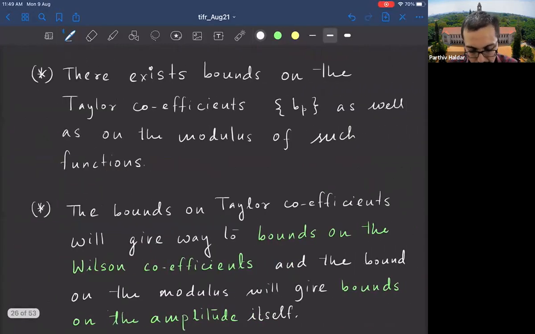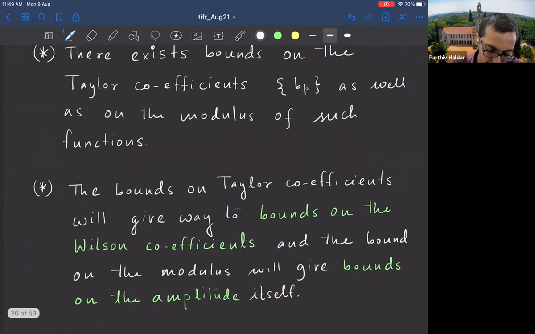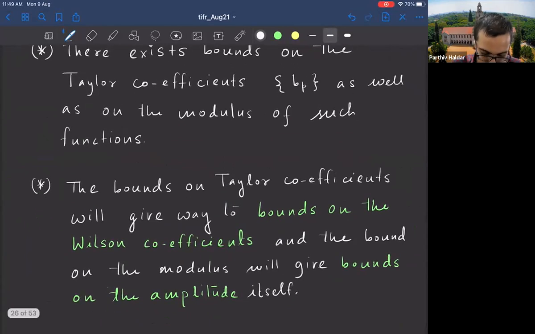Now, there exist bounds on the Taylor coefficients b_p, as well as on the modulus of such functions. Just to make the connection with the physics, these bounds on Taylor coefficients will ultimately give bounds on the Wilson coefficients, and the bound on the modulus will give two-sided bounds on the amplitude, a lower bound and an upper bound.